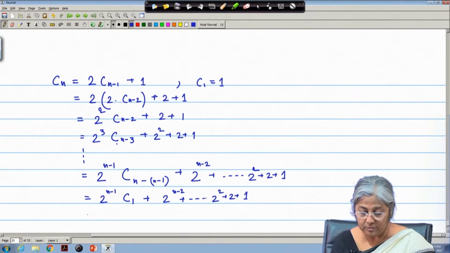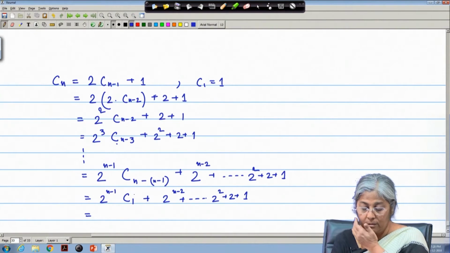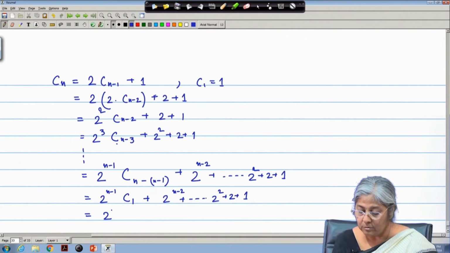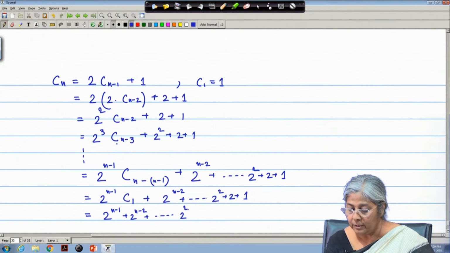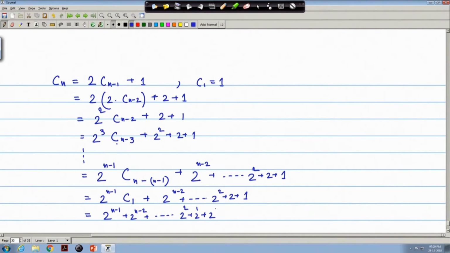Since C1 is equal to 1, this is 2 to the power n minus 1 plus 2 to the power n minus 2 plus 2 square plus 2 plus 1. That means I am getting n number of terms, and we know the answer: it is 2 to the power n minus 1 by 2 minus 1. So, this is 2 to the power n minus 1.